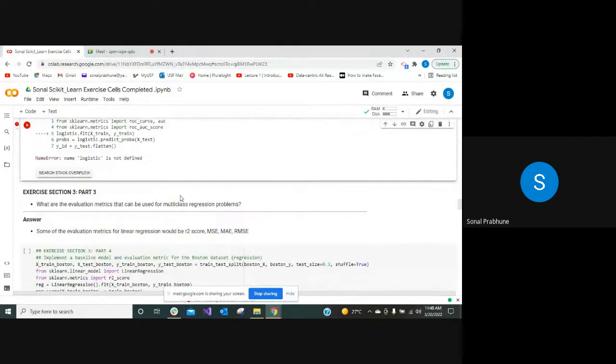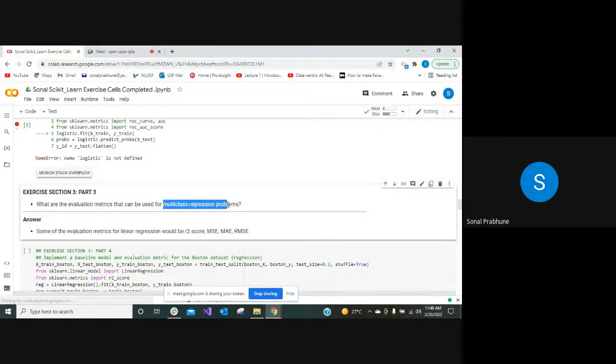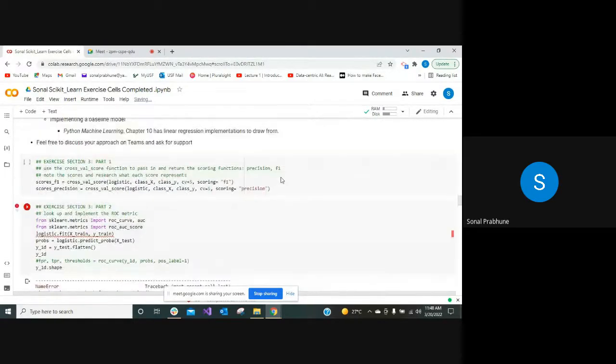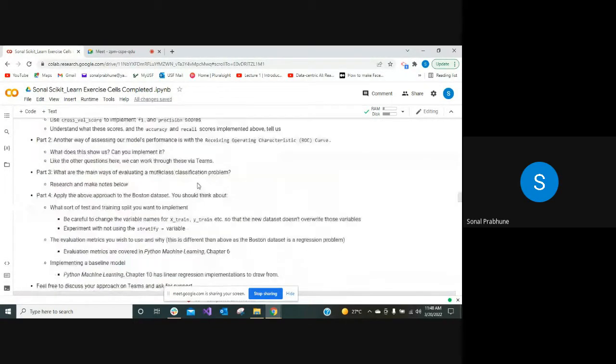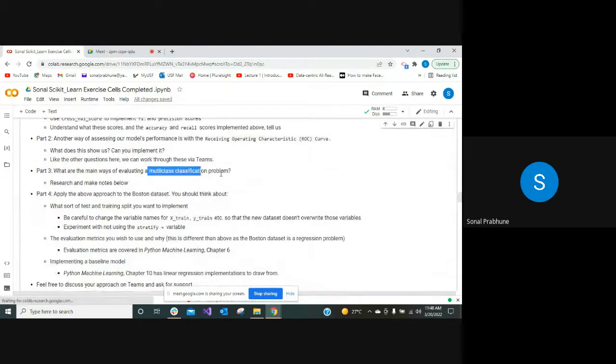The next part is multi-class regression problems, and I think it was again multi-class classification as well. A binary classifier is for the presence or absence of something, where we have a single output node, at least in terms of a neural network.